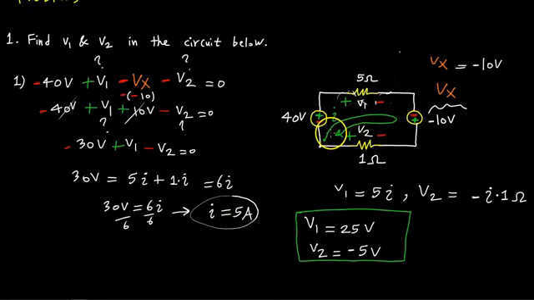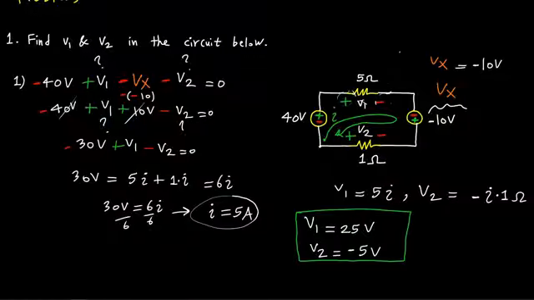So my convention here agrees with the reality of the situation, and the current is indeed going in that direction. Now, if the current value were to be negative, all that means is that the actual conventional current is going to be flowing counterclockwise and not clockwise as I indicated. So that's just something important to keep in mind.